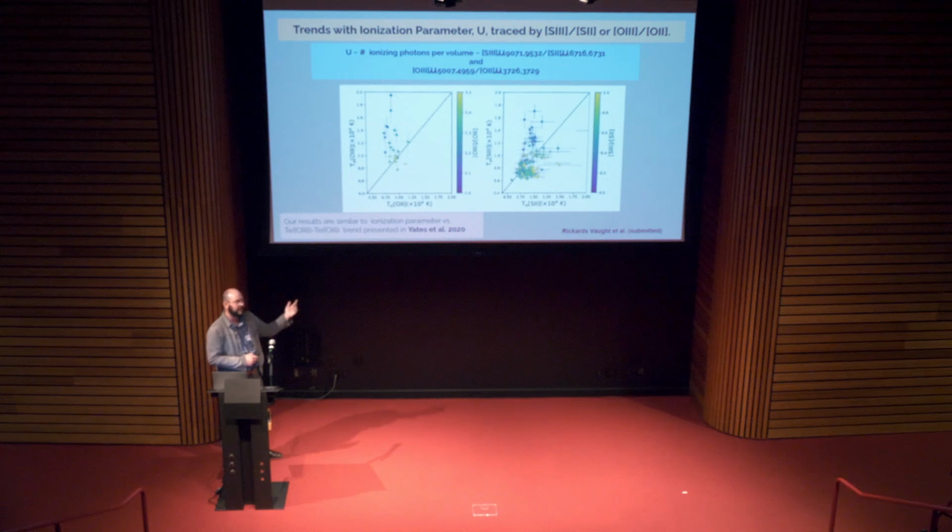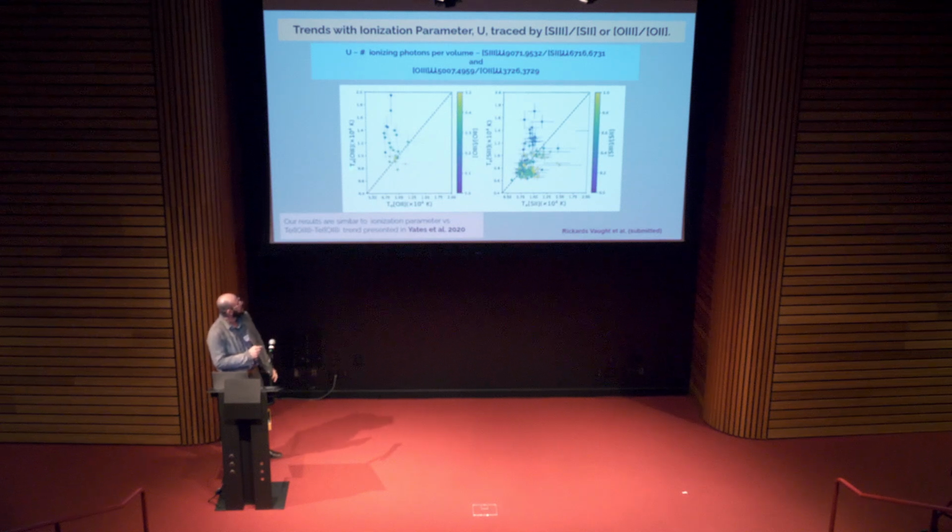So what you measure for oxygen that's been doubly ionized, you're only measuring the hottest pockets of gas in the H2 region. So you're going to get a biased temperature, which won't agree with the overall temperature that would be better traced by oxygen-2.